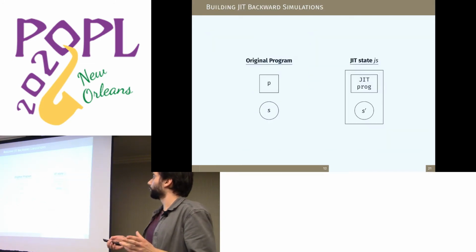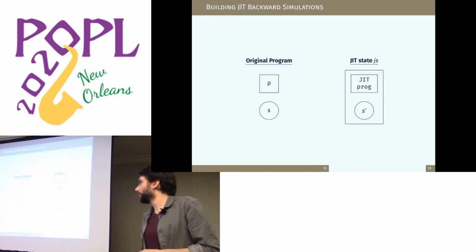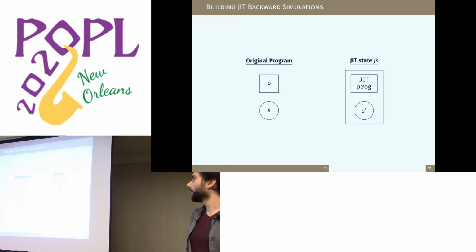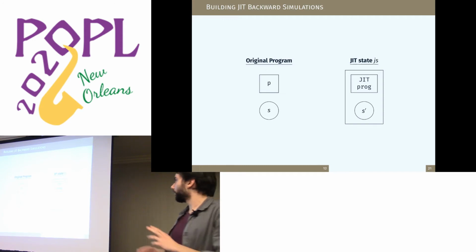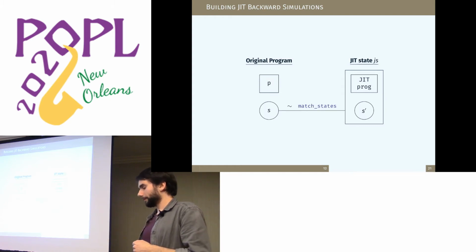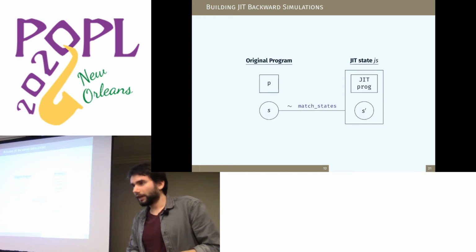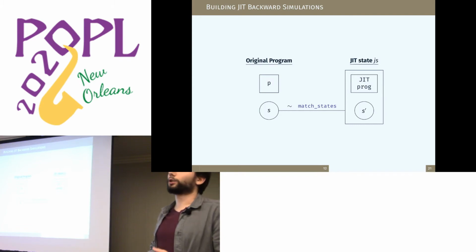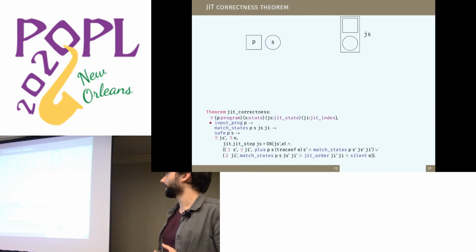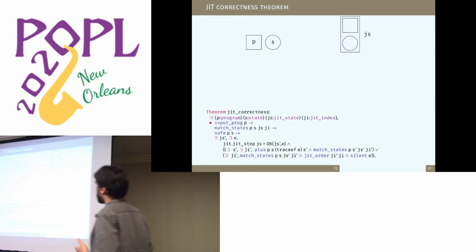Then you have to find a matching relation between the semantic state of the original program and this big JIT state that contains both the program and the semantic state. If you have this relation, then you can prove something that really looks like a backward simulation in the static compiler case. This is the kind of theorem that we can have in our JIT development.